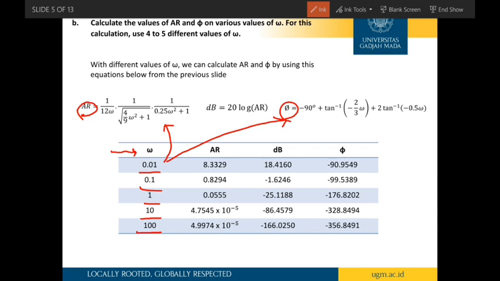And we get 5 values of AR and also 5 values of phase. For the decibel, the equation is 20 log of the amplitude ratio. So we get a table of omega, AR, decibel, and phase.